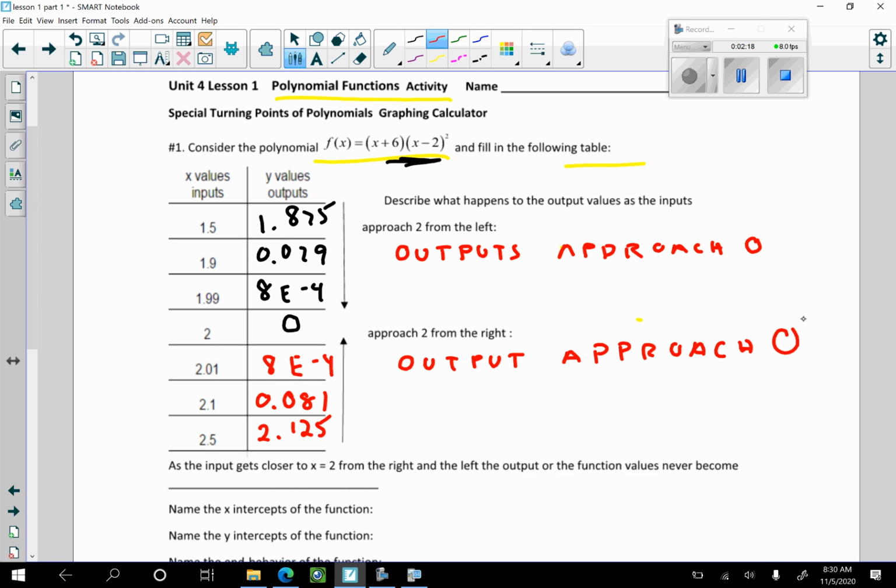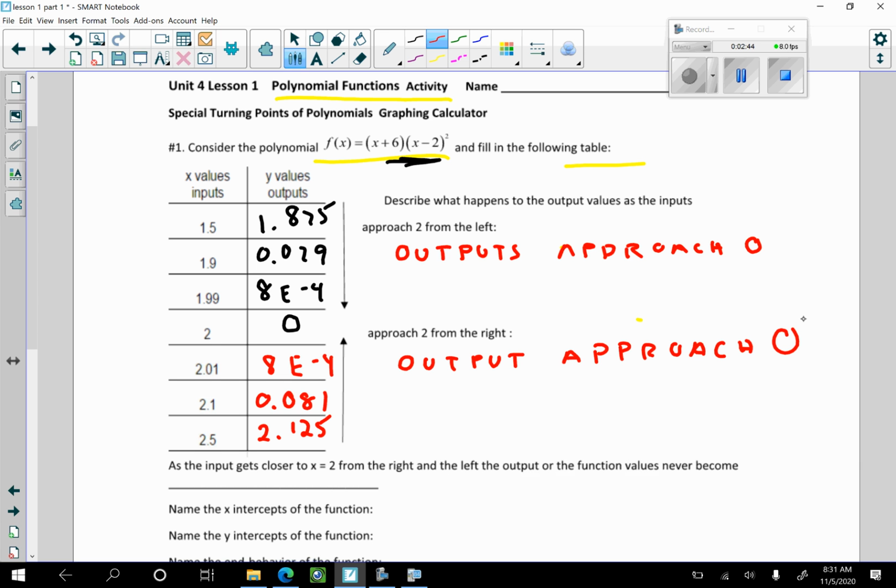Less positive. The values are decreasing to 0, but they're positive. Look what happens on this side. They're positive, positive, they still approach 0. So if I'm near x equals 2, the outputs are always what? Positive. And that doesn't make sense.